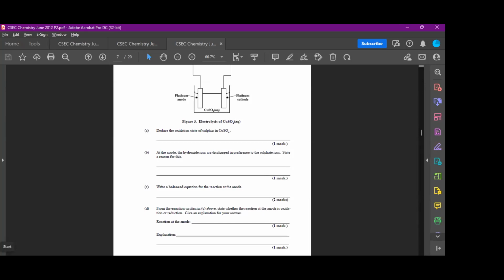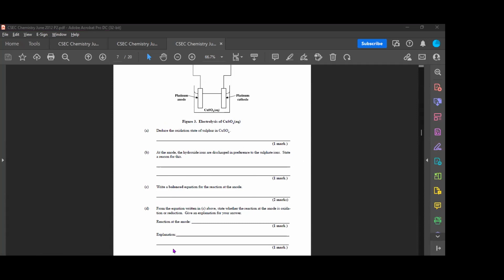Of course, OIL RIG tells you that oxidation is the loss of electrons. Therefore, a reaction like this will always be an oxidation, and oxidation occurs at the anode. However, if you only write that oxidation occurs at the anode, you will not get any mark because that does not explain your answer.